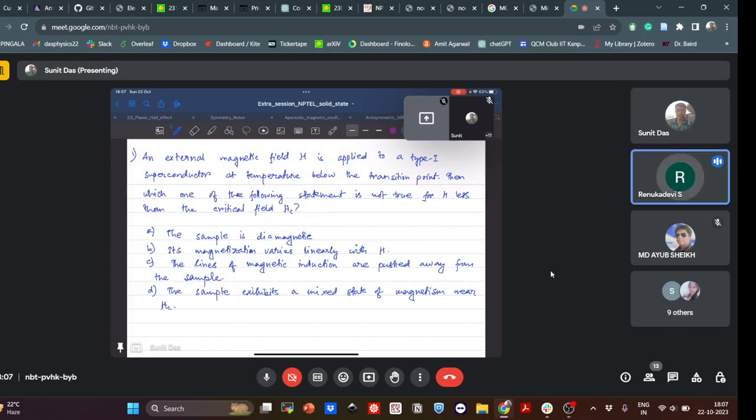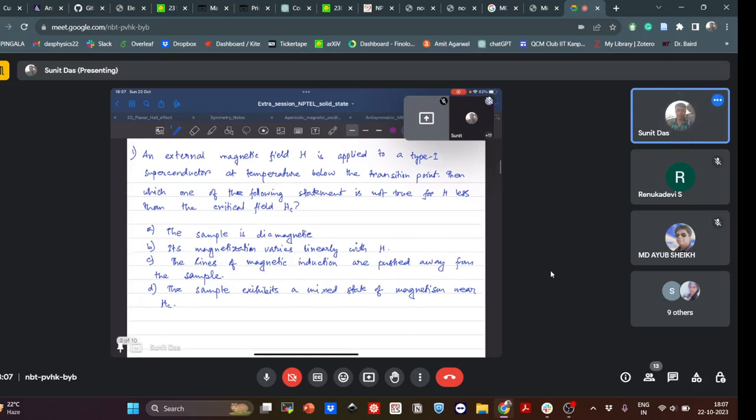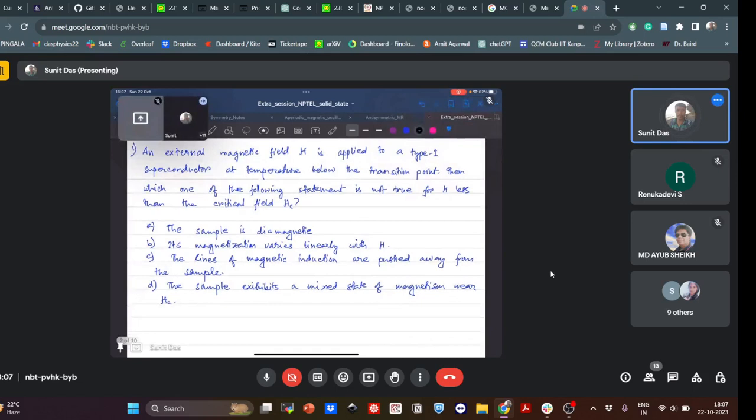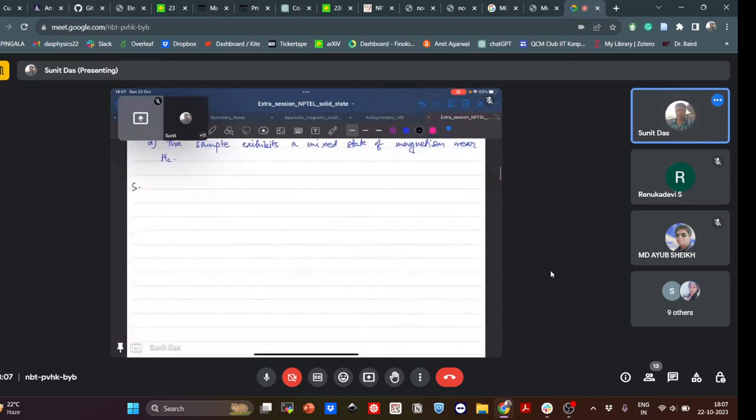Sir, I think option D, sir. Not true means, right. Okay, so the sample is below critical field, right? Sample is below critical field. Below critical field means it is still a superconductor.